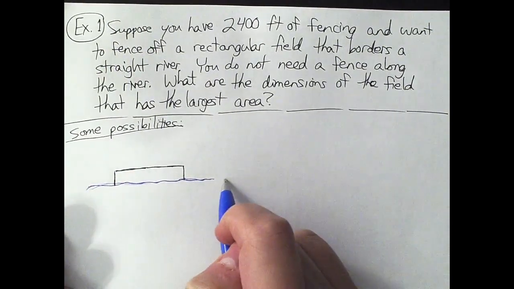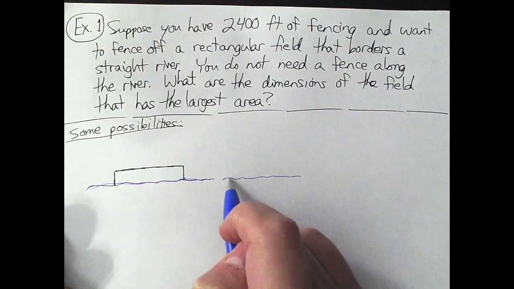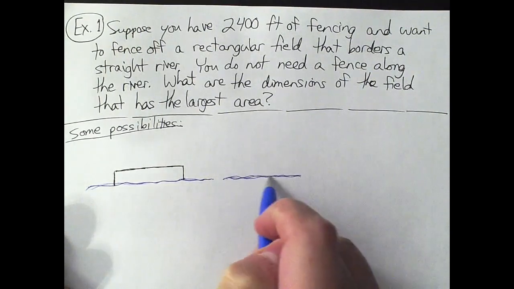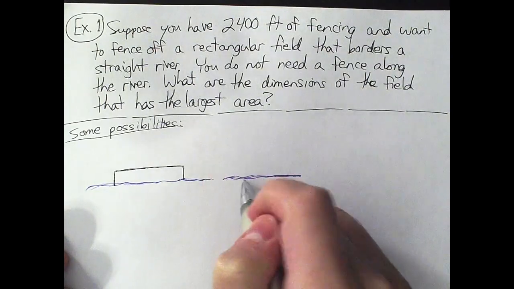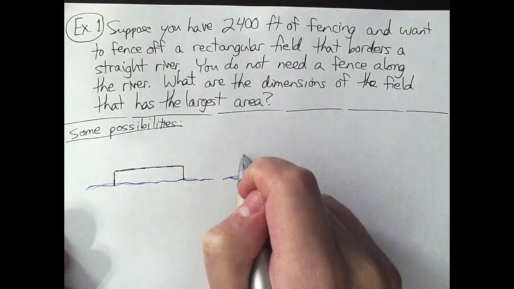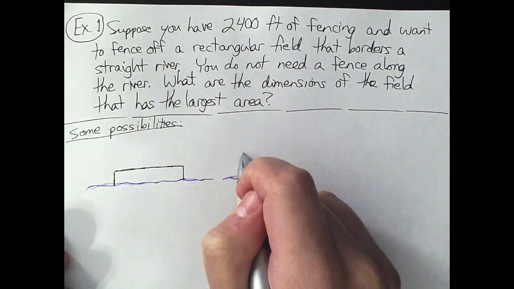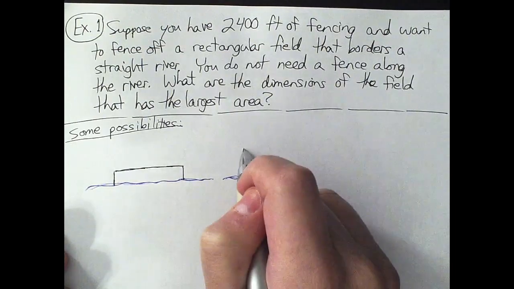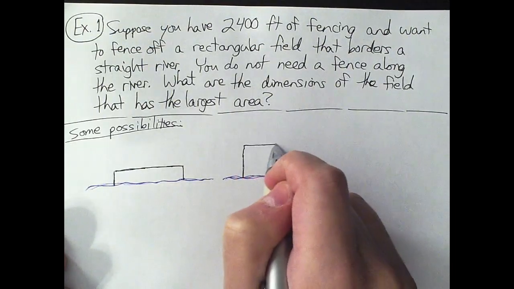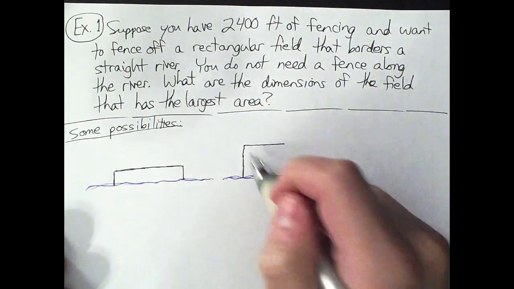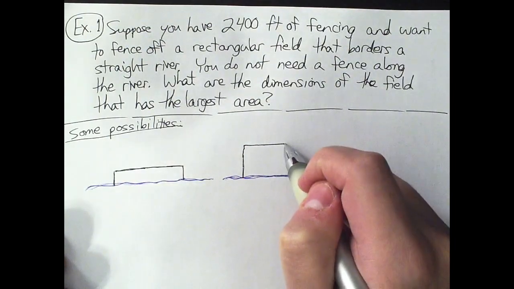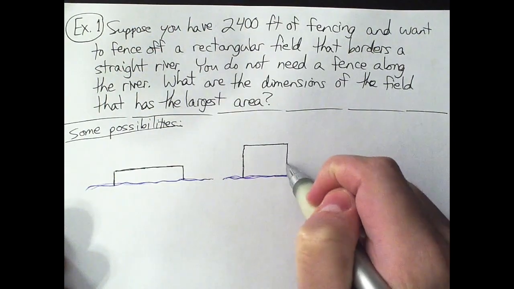That's one possibility. That's one kind of rectangle. There's other possibilities as well. We could make one that maybe extends further away from the river. But if it extends further away from the river, then we used up a lot of our fencing to do that. So we don't have as much fencing to go horizontally anymore, so we need to come back down here.